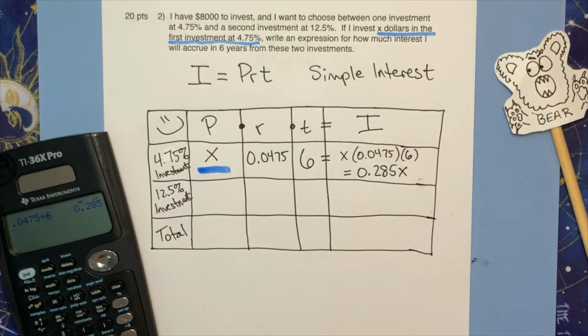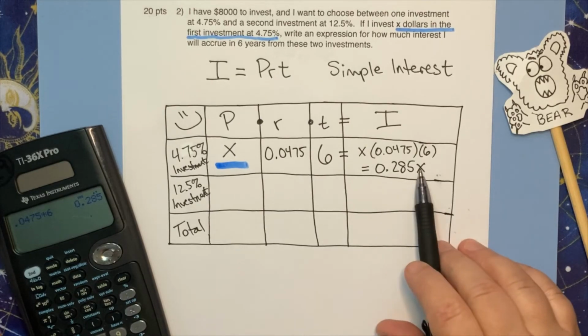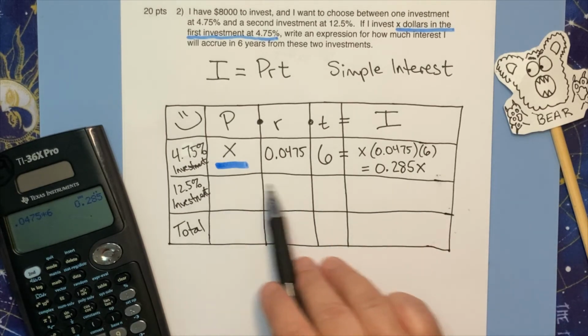And notice I'm going to write the coefficient in front of the x, because that's just tradition. So, this one's a little dicey. I'm going to leave this for a second.